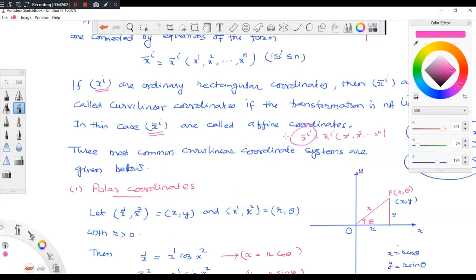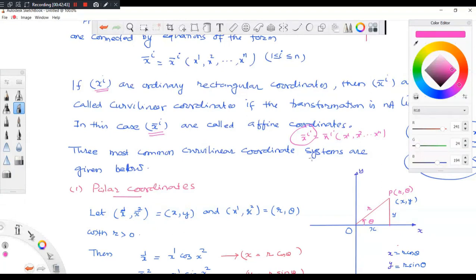So here in this case, what are the affine coordinates? The rectangular coordinates are x1 bar, x2 bar, here x and y. In this example it is the reverse of this one. So the affine coordinates are r and theta, because r and theta are functions of x and y. That way you have to take it. This is the affine coordinate, and this is the rectangular coordinates. The idea is clear to you?